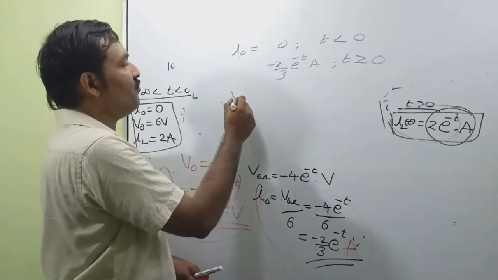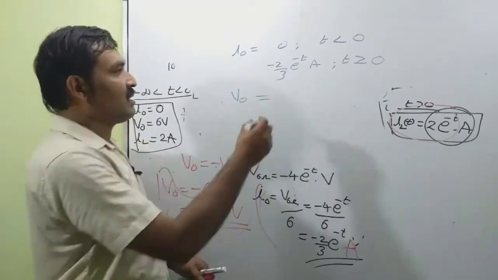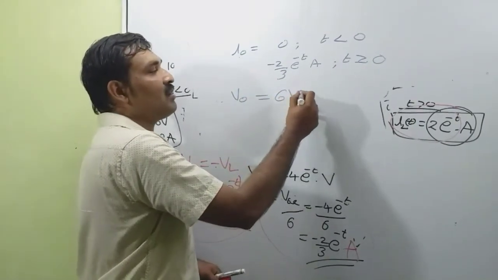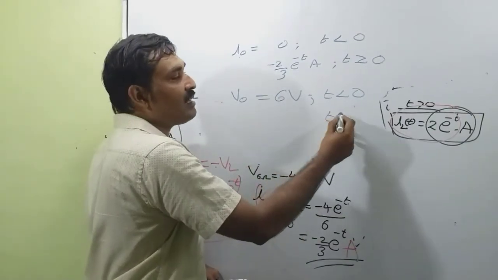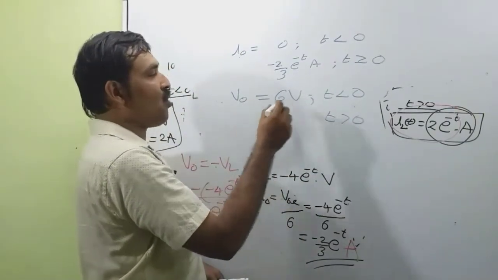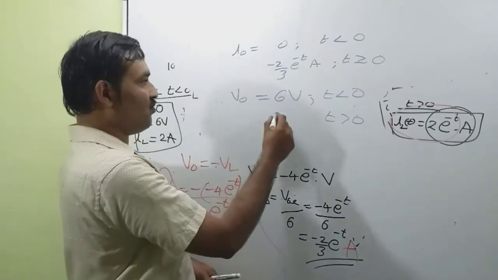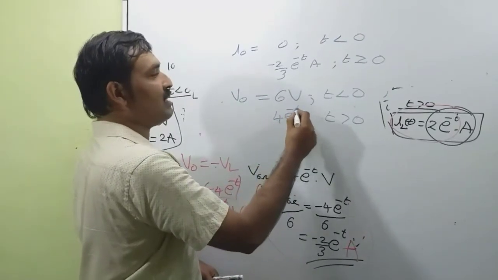Now the value of V0 is equal to 6 volt for t less than 0 and for t greater than or equal to 0, the value of V0 is equal to 4 into e raised to minus t volt.